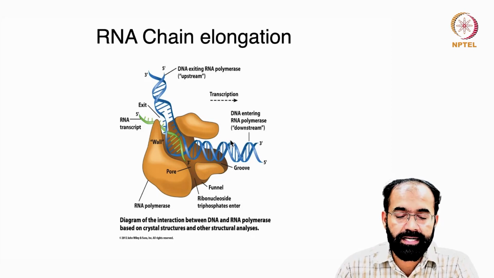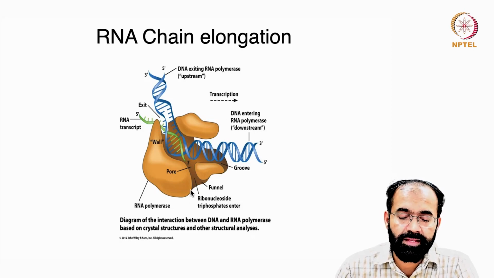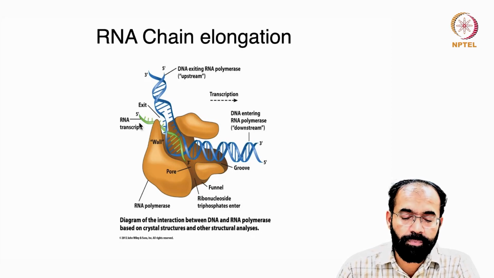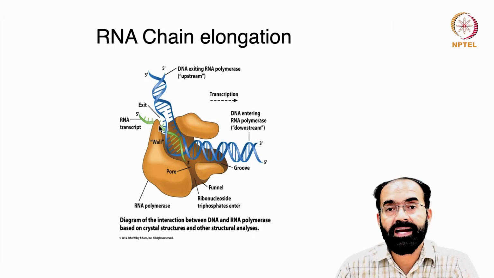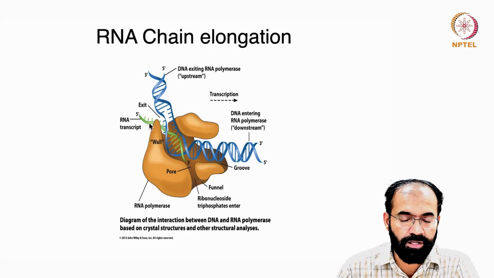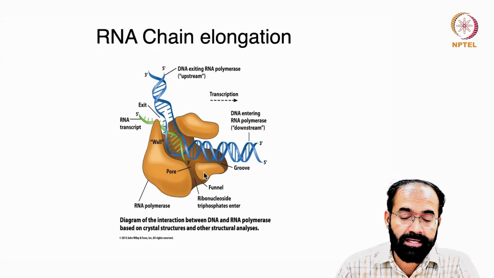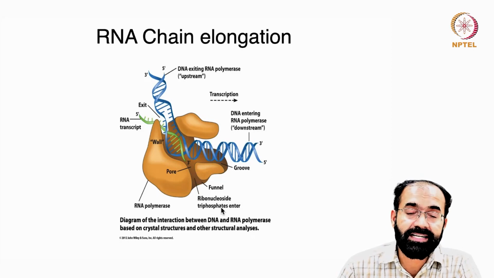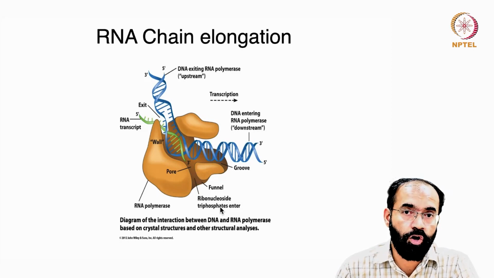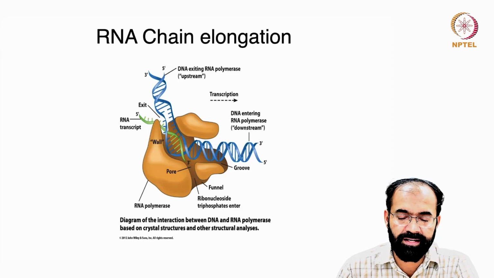In the middle it opens up, the transcription bubble happens, and you can see the RNA polymerase has a lumen, a loop region through which the growing RNA transcript comes out, that you can see in this green color. The DNA strand is shown in blue color, and there is a specific opening through which the ribonucleoside triphosphates enter, that is the raw material for the polymerization event.